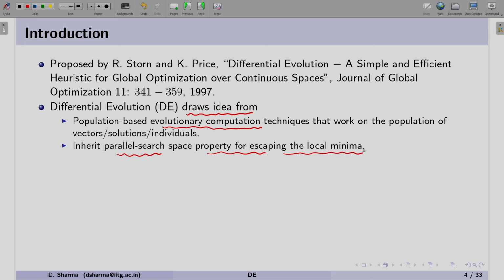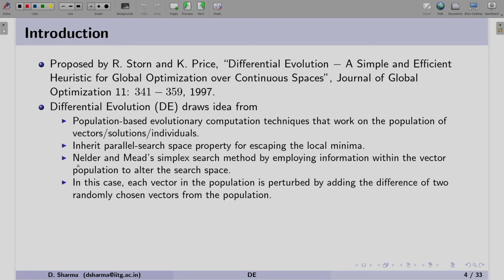When we are performing operations for creating new vectors, that operation is performed on a set of solutions. In case a few solutions are trapped at a local minimum, the other solutions will help them come out of the local minimum and move towards the global optimum.